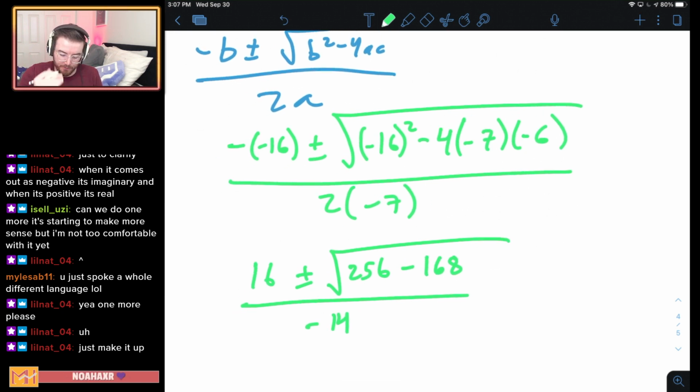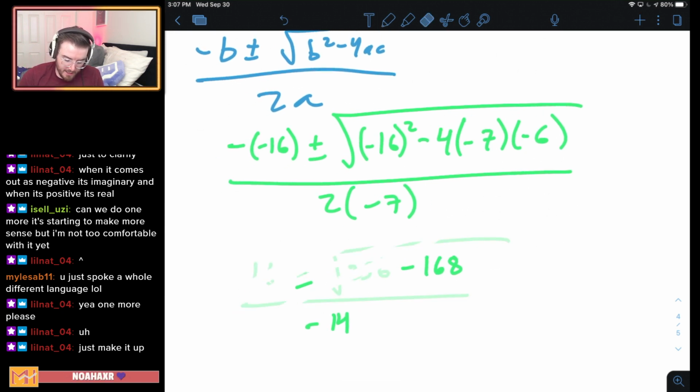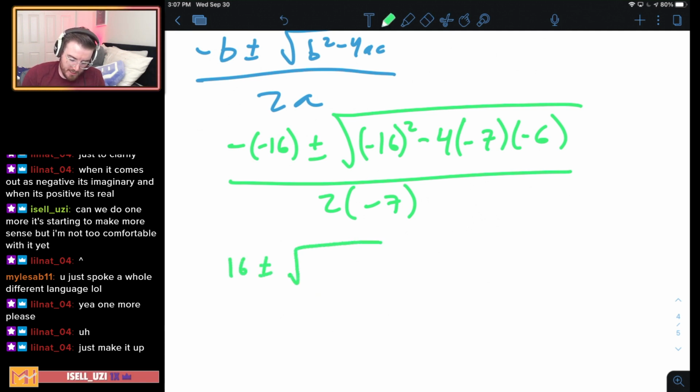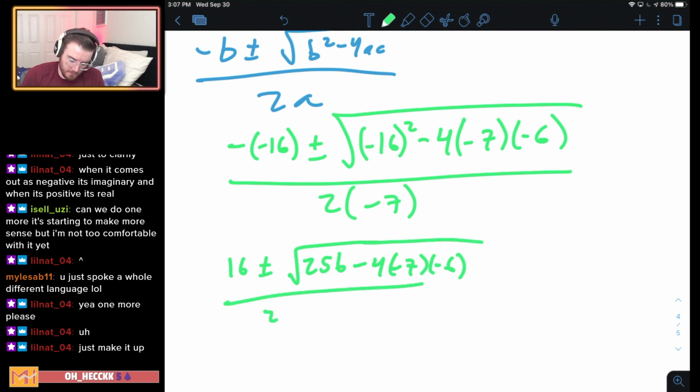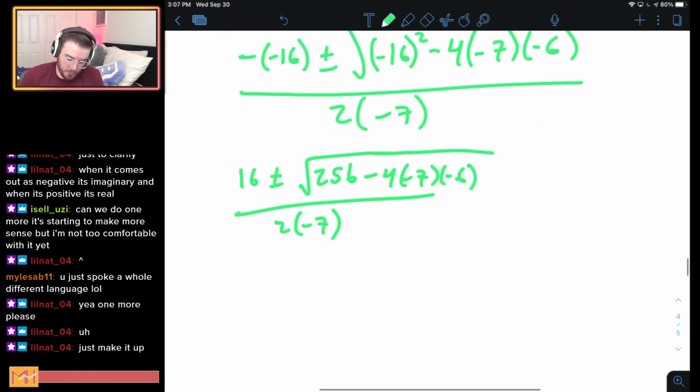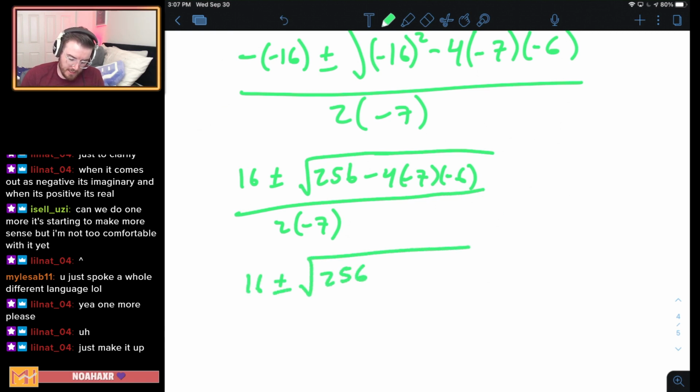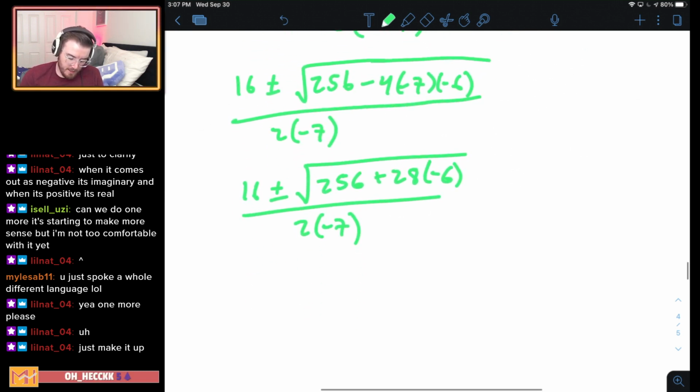And again, I like to take it, I mean, you could break this up and go super step by step. So there's the 256 part. Then the next step would be to handle that. You can do it super step by step. Negative 4 times negative 7, well, that's positive 28, but we still got to multiply it by 6.